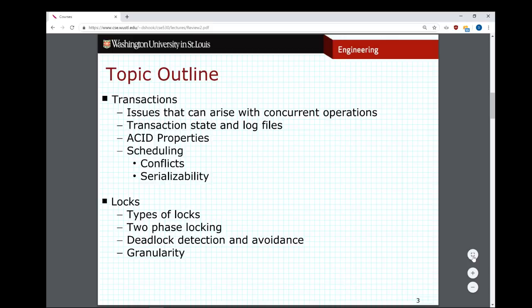We say that transactions have a set of properties called the ACID properties. Who can give me one of those 4 ACID properties? Consistency. So the C stands for consistency. What does that mean?